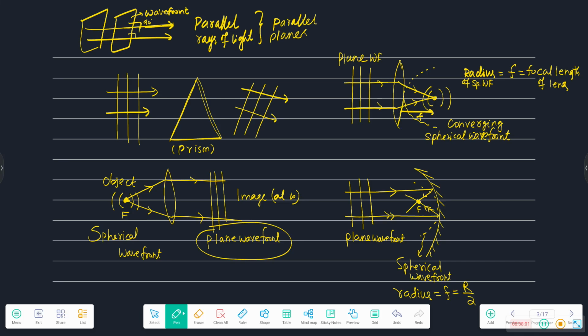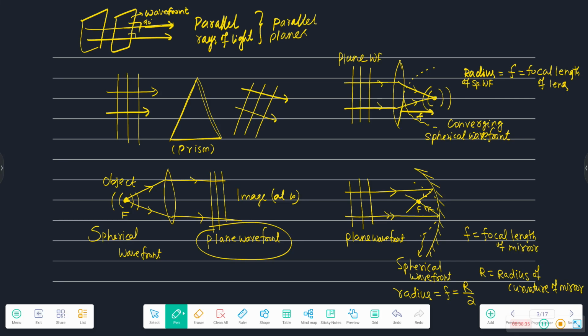R is the radius of curvature of the mirror, and f is the focal length of the mirror. So this is the idea to remember. They may ask you to draw all these diagrams in the exam.